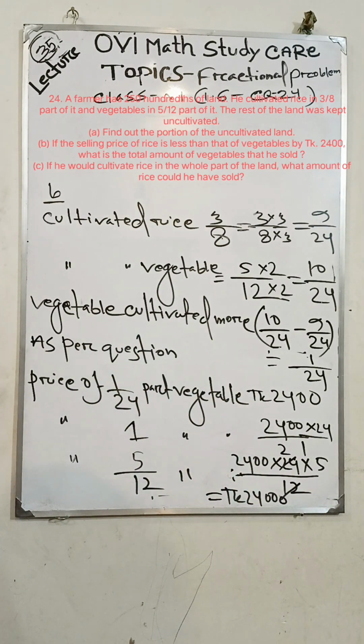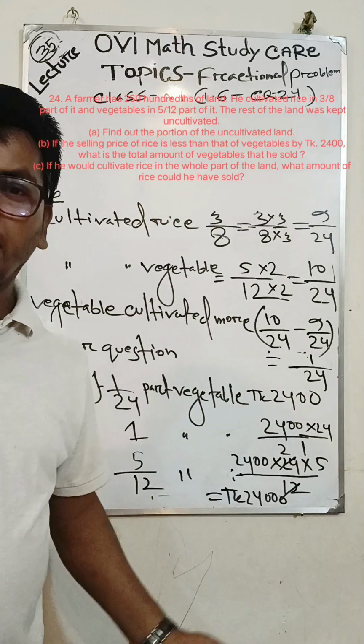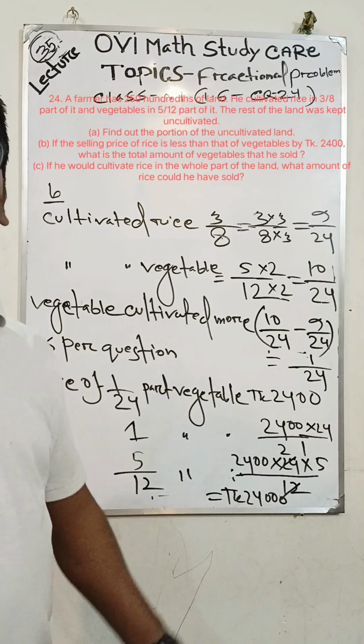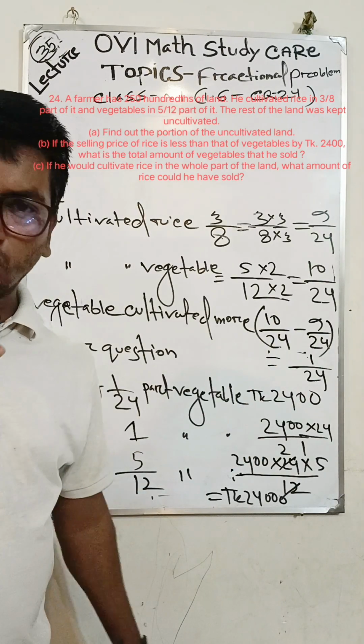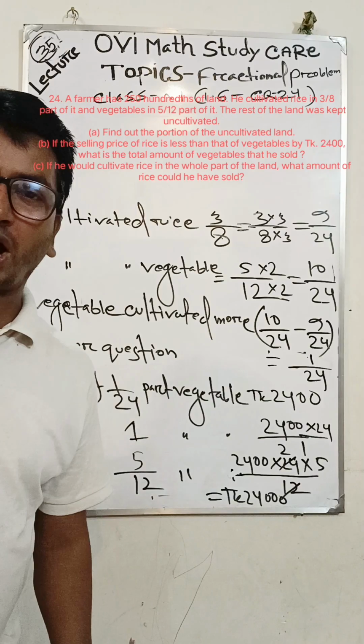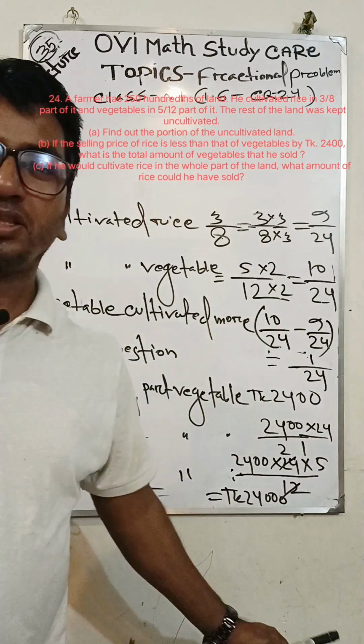Question number B তে এটা বলে দেওয়া আছে যে the vegetable is sold 2400 taka more than rice. And we calculated that 1/24 part is cultivated more than the rice.